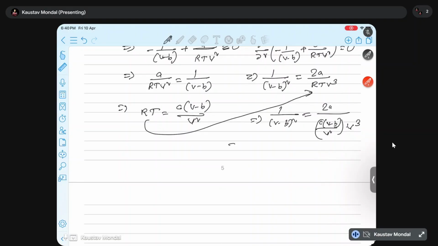Now if we simplify the things a bit, it will become 1 by V minus b whole square will be equal to 2 by V into V minus b.